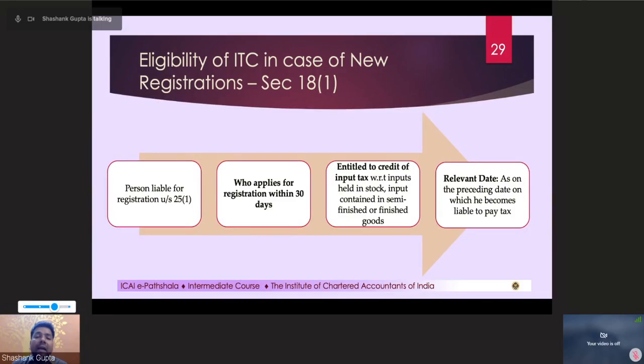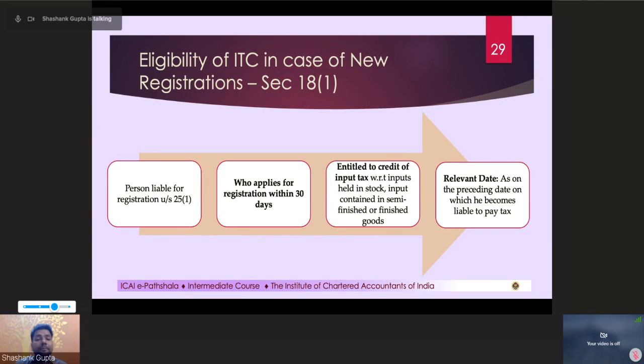So if he applies for registration within 30 days of becoming liable, then in such case, he shall be entitled to credit of input tax with respect to inputs in stock, semi-finished goods and finished goods as on the date preceding the date when he becomes liable to pay tax.